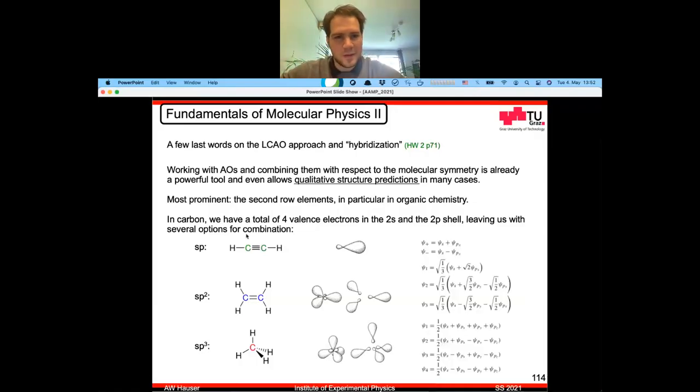So in the case of ethyne, we have this sp hybridization, where you just say, okay, I'm taking the 2s and I make a linear combination with px.